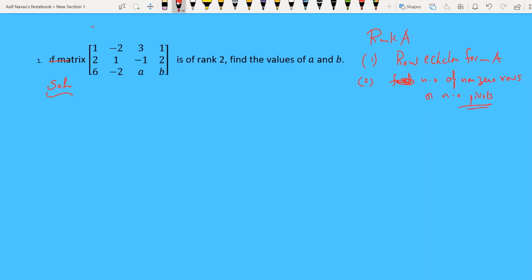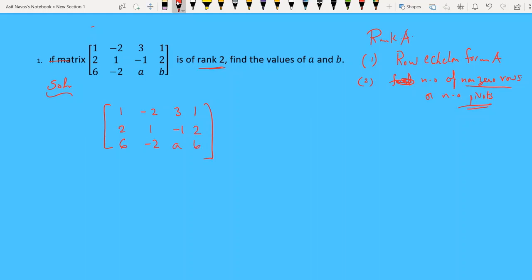So first, here it is given that rank is 2. Therefore, the number of pivots or number of non-zero rows must be equal to 2. So first I will write 1, -2, 3, 1; 2, 1, -1, 2; 6, -2, A, B.